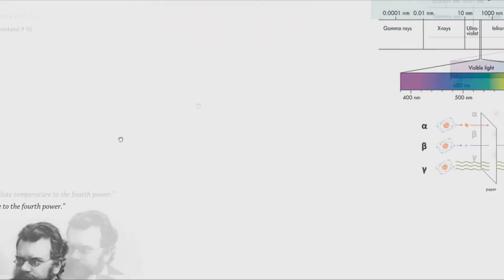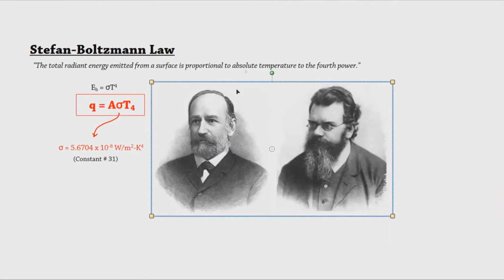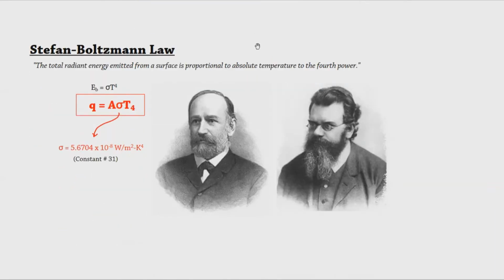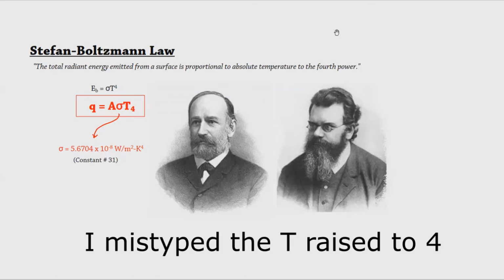So now let's talk about the Stefan-Boltzmann Law. This is one of the most used laws that you will be utilizing in this discussion. The Stefan-Boltzmann Law states that the total radiant energy emitted from a surface is proportional to the absolute temperature to the fourth power.